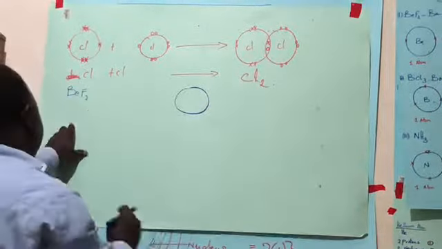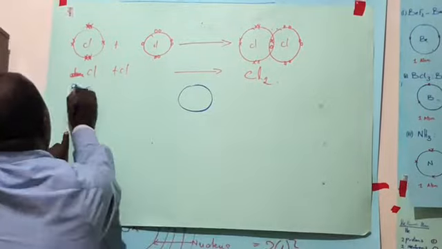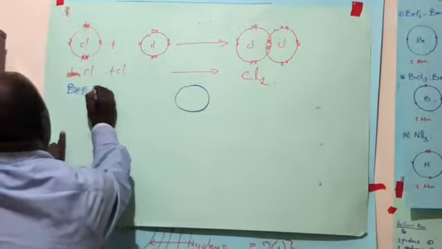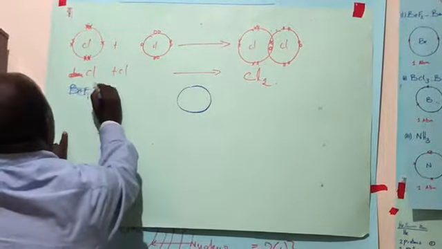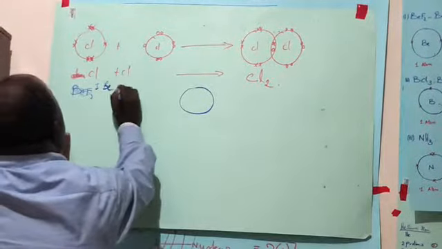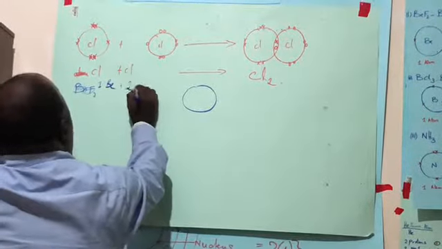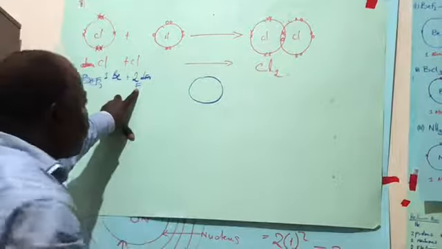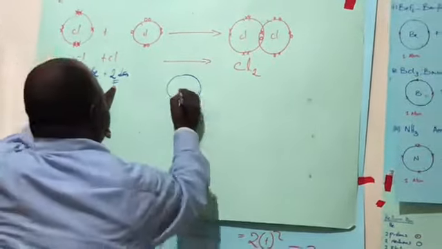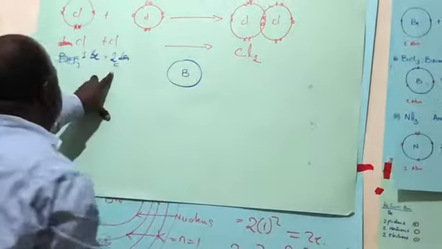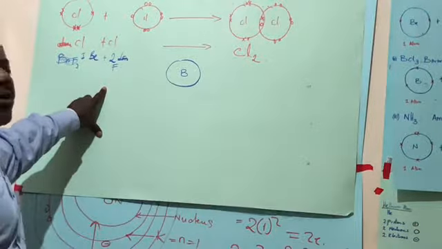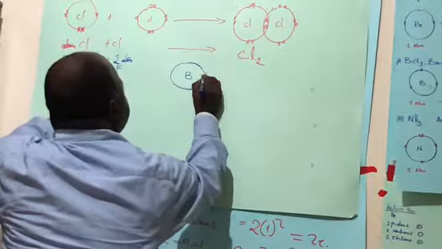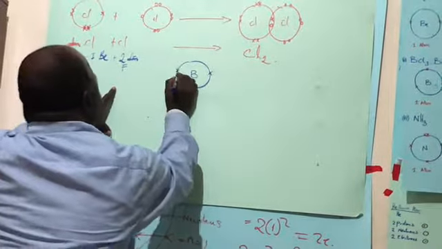One atom of beryllium plus 2 atoms of fluorine. This is beryllium, the central atom, and it has 2 valence electrons. These are the valence electrons here.